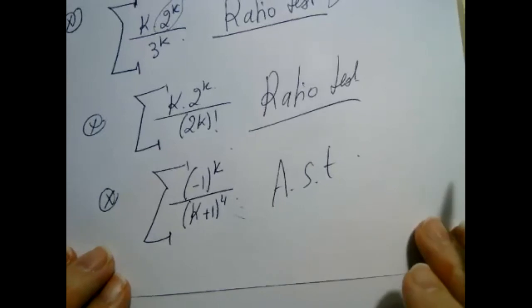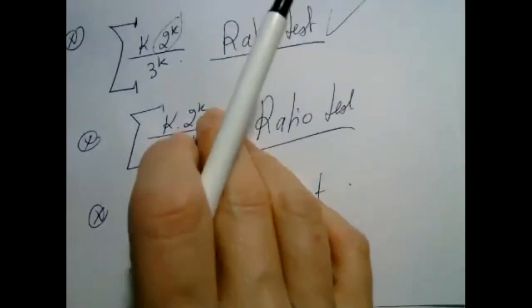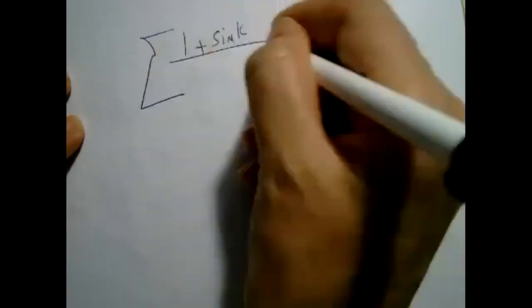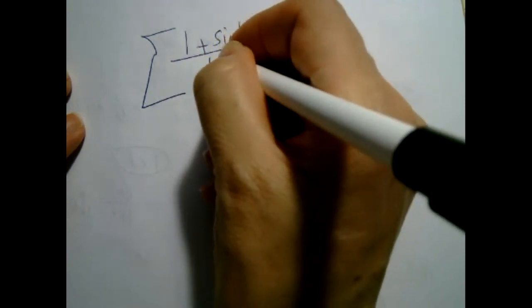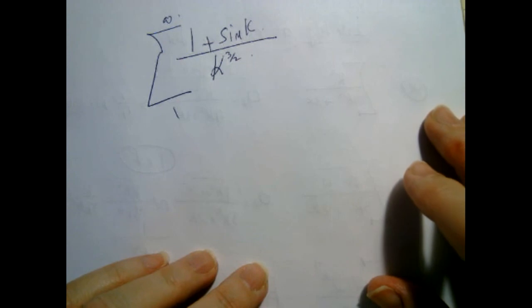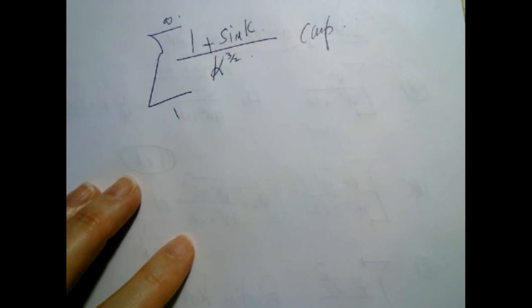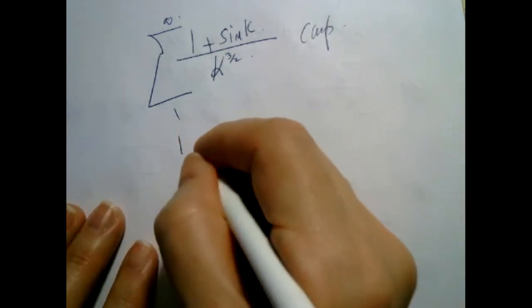All right, the last one I had on my list, and I will finalize, is the following. Comparison test, absolutely. Whenever we have sine k, we go after the comparison test. And what shall I compare it with?